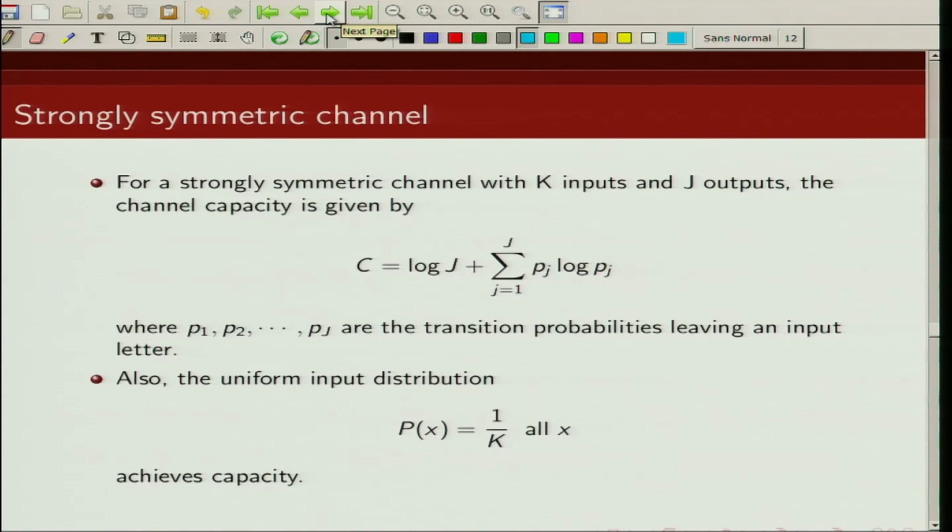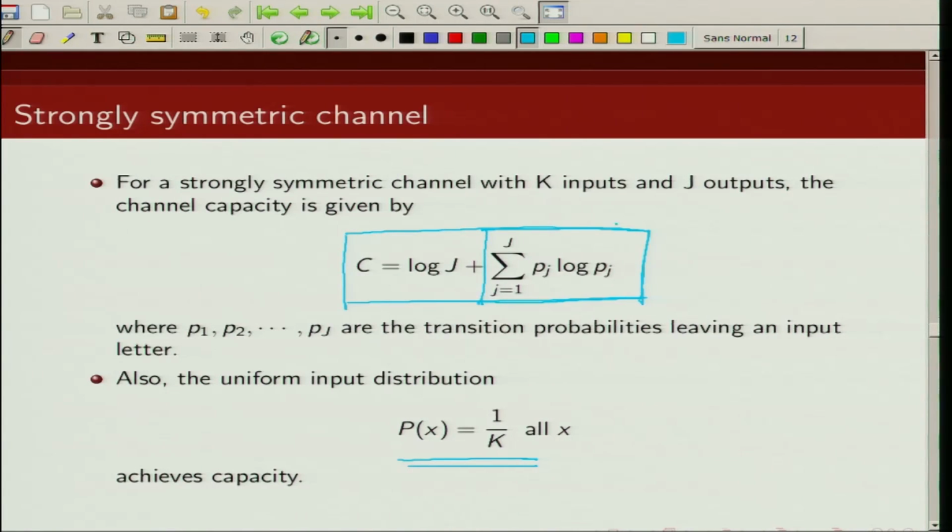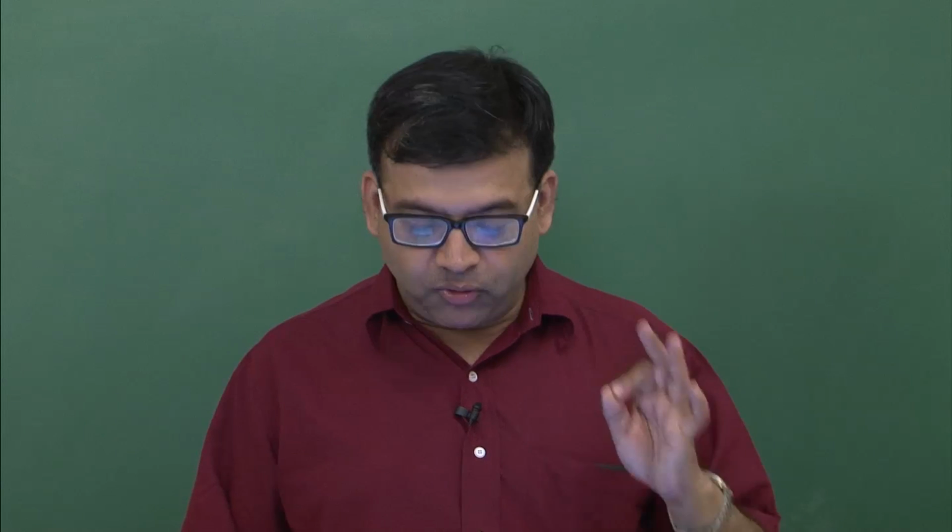Another point to be noted is that the input distribution that achieves capacity is the uniform distribution. We know that for a uniformly dispersive channel, irrespective of what my input distribution is, H(Y|X) is given by minus of this quantity, and H(Y) is maximized for uniform input distribution.